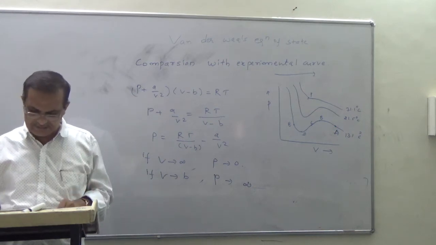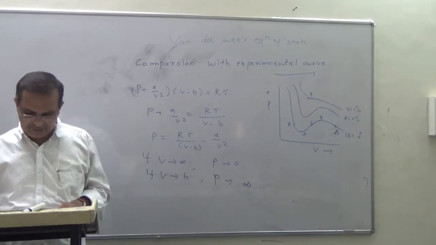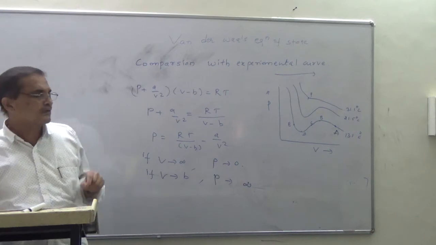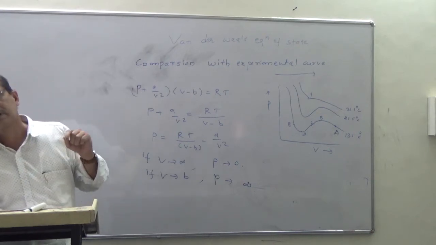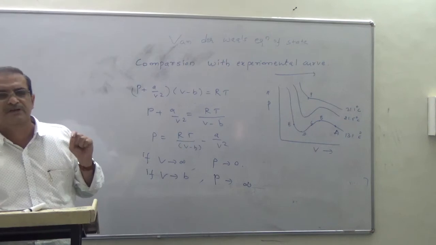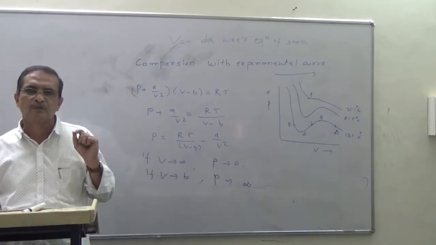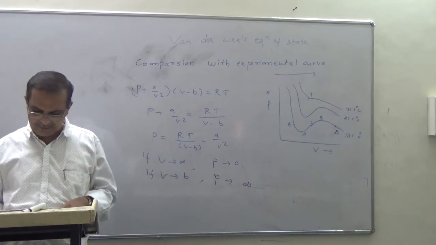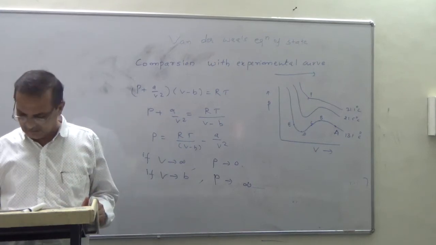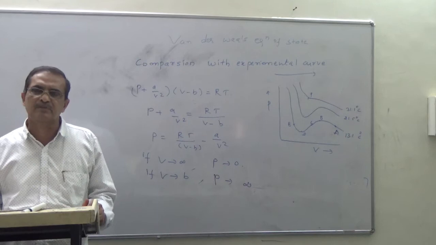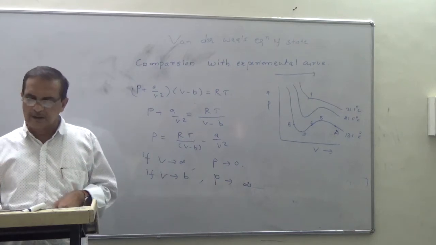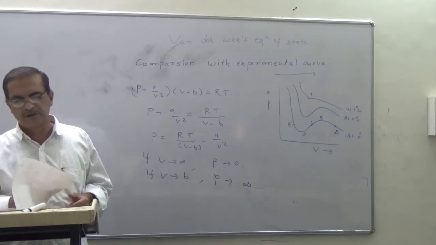But in the third curve, it is observed that at high temperature, 31.1 degrees centigrade being high compared to 13.1 degrees centigrade, both the theoretical and practical curves are similar.